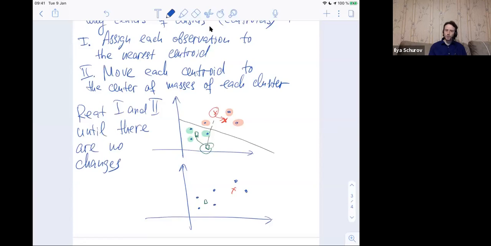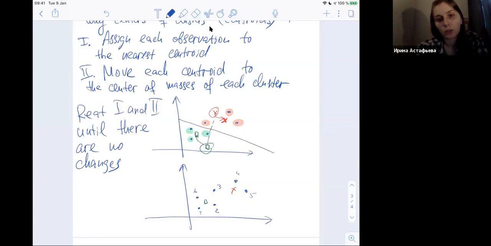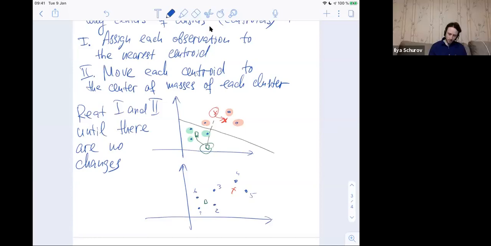So what happens on the next step? Which points will be assigned to the green cluster and which points will be assigned to the red cluster? 1, 2, 3, 6 are green, right?